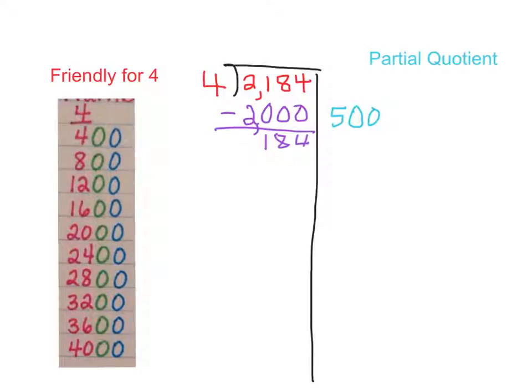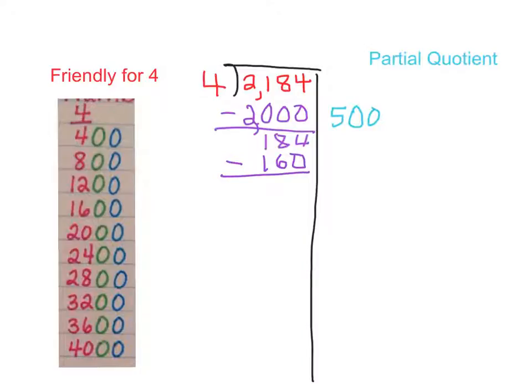So I have 40, 80, 120, I can still keep going, 160, 200. Oops, too far. So I'm going to go with 160 because that's friendly for 4 and it doesn't go over the 184. So I put 160 here.